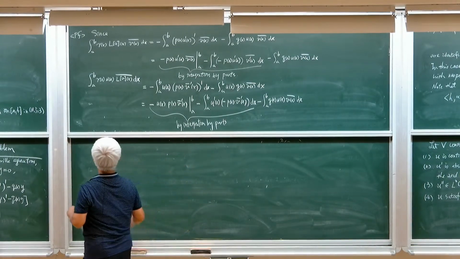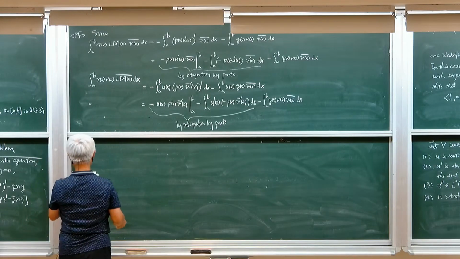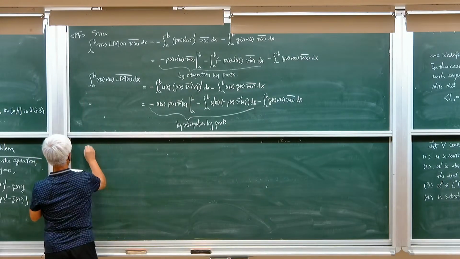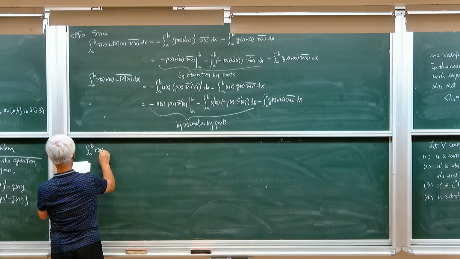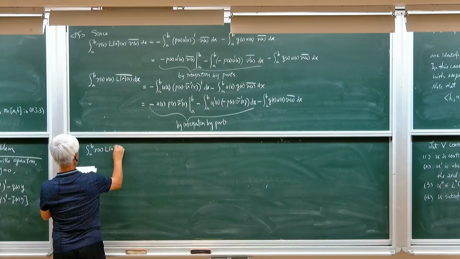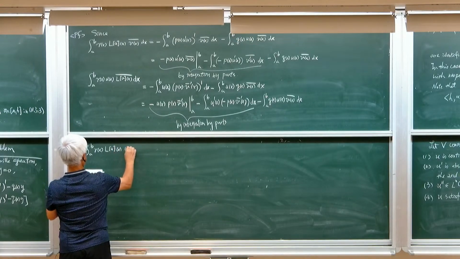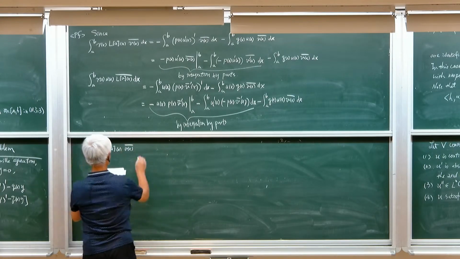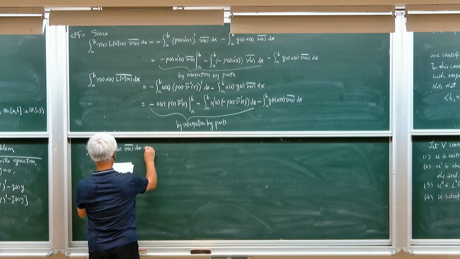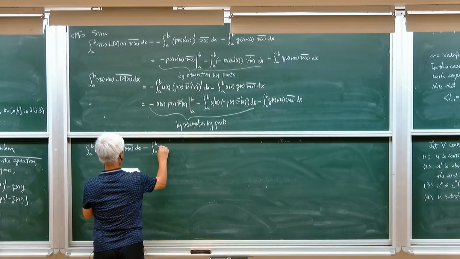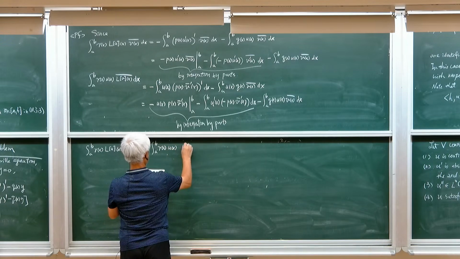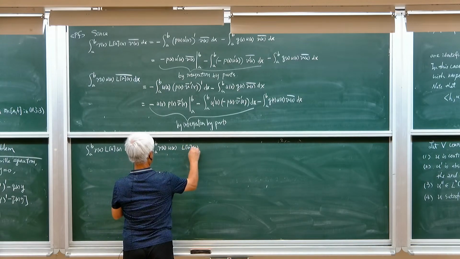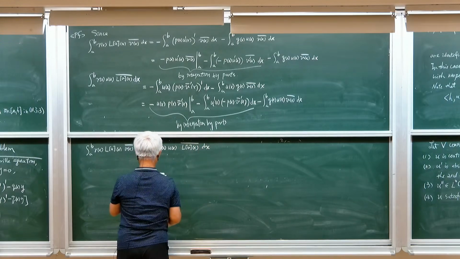Okay, now we take the difference, alright, of the two integrals. So ∫ₐᵇ u(x) v̄(x) dx minus ∫ₐᵇ u(x) v̄(x) dx.